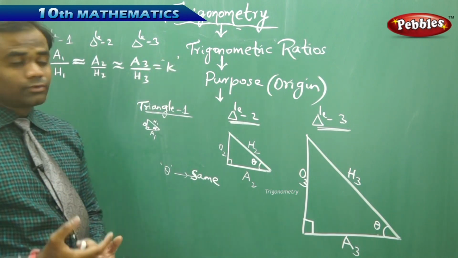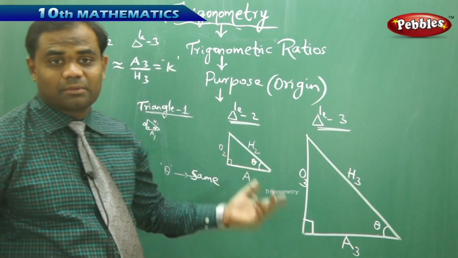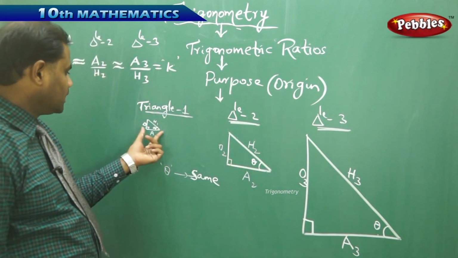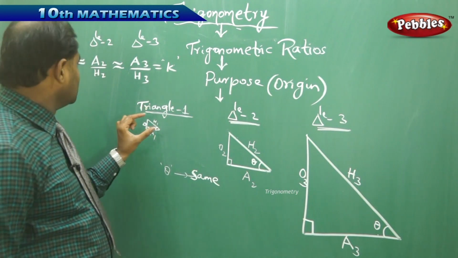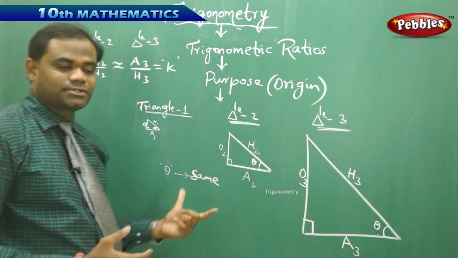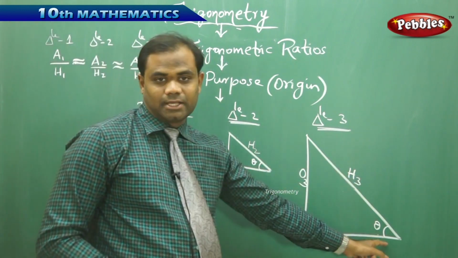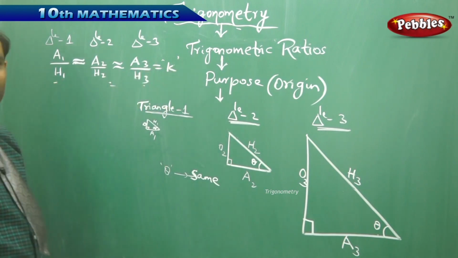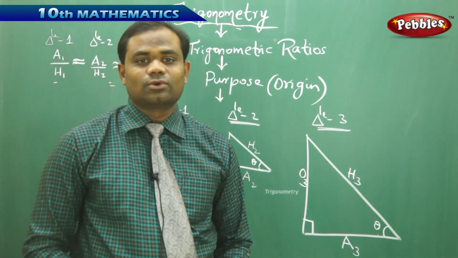This was also true for adjacent divided with hypotenuse, just like opposite with hypotenuse. Whatever adjacent length divided by hypotenuse, of any size triangle, provided theta is the same, has given me all equal values, and that equal value was denoted with cosine theta.